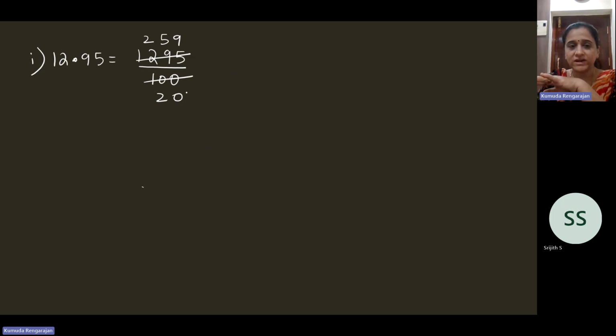We first simplified using the tables of 5. Now we have 259 by 20. Your question is how do I know that this is the simplest form. Look at the smaller of the two numbers, 20. 20 is divisible by 2 and 5. Is the numerator divisible by 2 or 5?